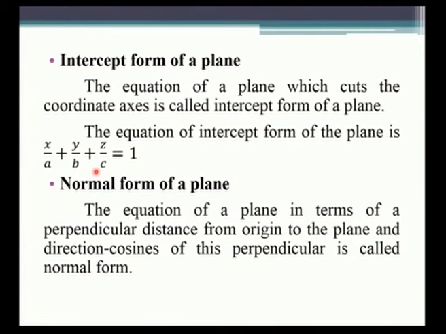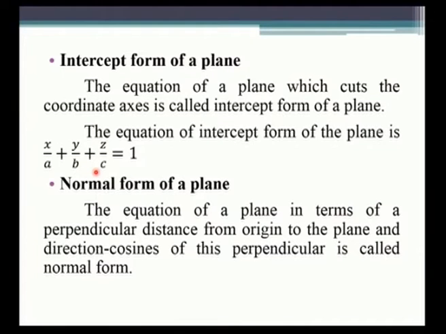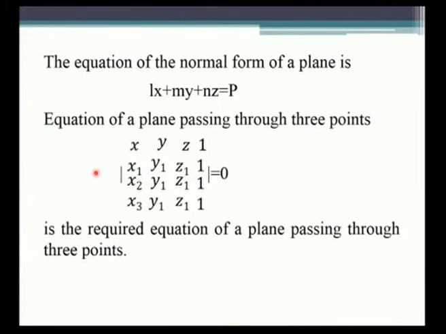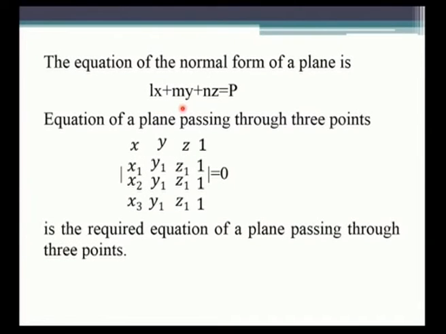So if an equation of a plane is given in terms of a perpendicular distance from the origin to the plane and direction cosines of this perpendicular, then the normal form of a plane will come. That normal form of a plane is given by Lx plus My plus Nz is equal to P.